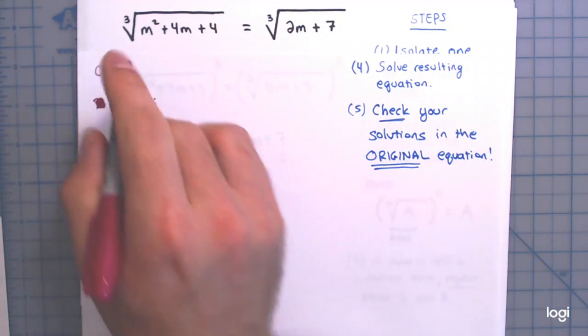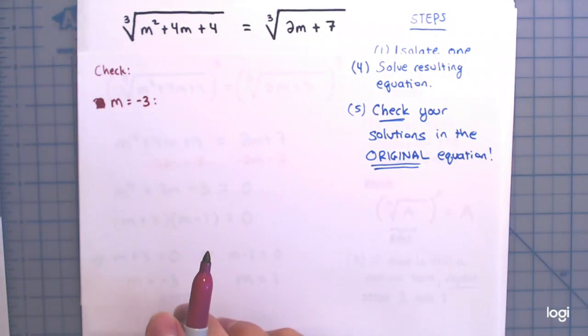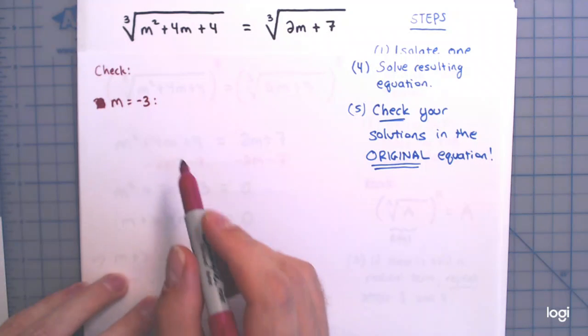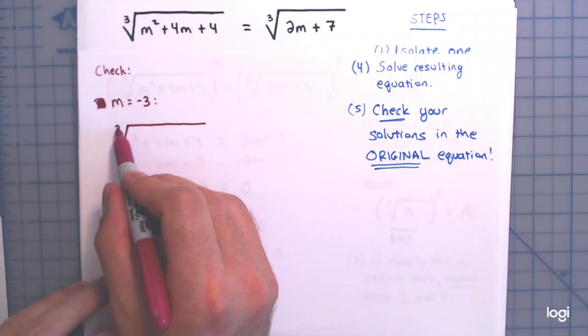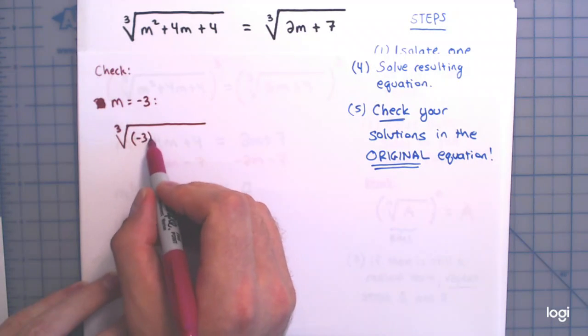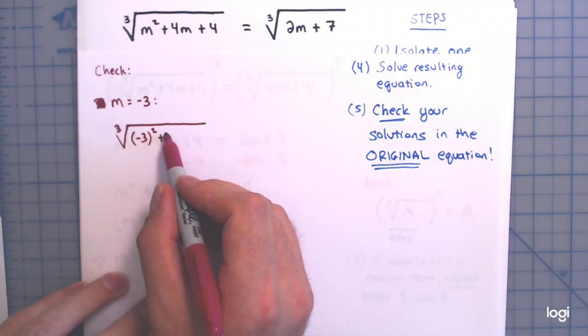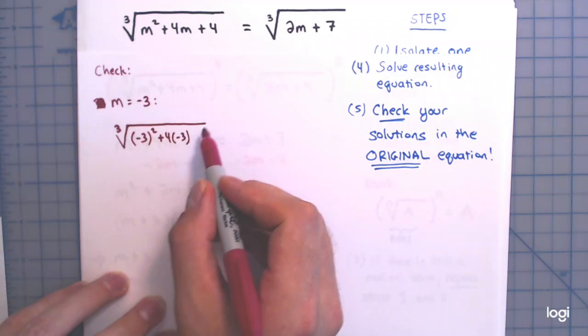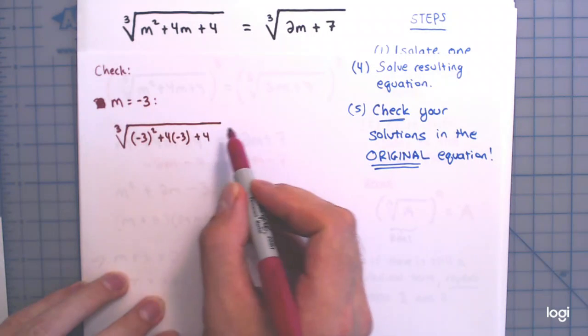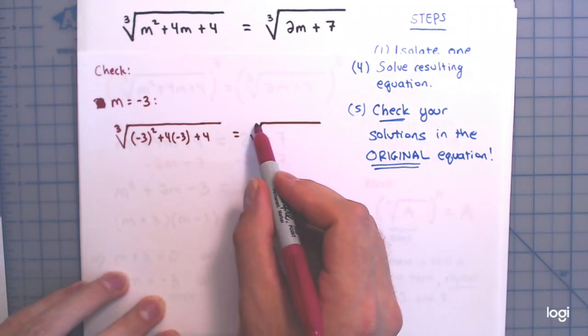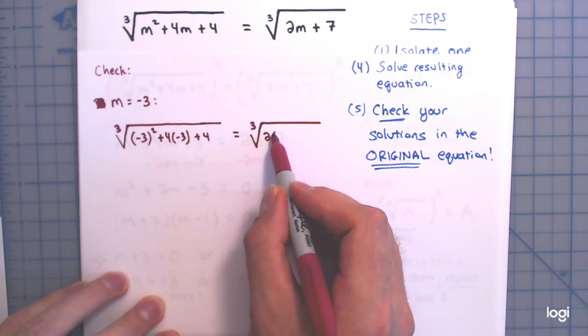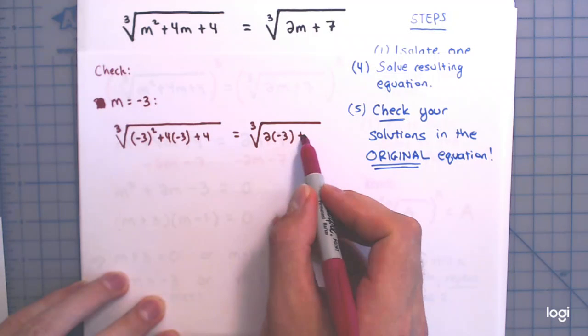So I replace all the m's with negative 3 and see if we get a true statement. That's the cube root of negative 3 squared plus 4 times negative 3 plus 4 on the left side, equals the cube root of 2 times negative 3 plus 7 on the right.